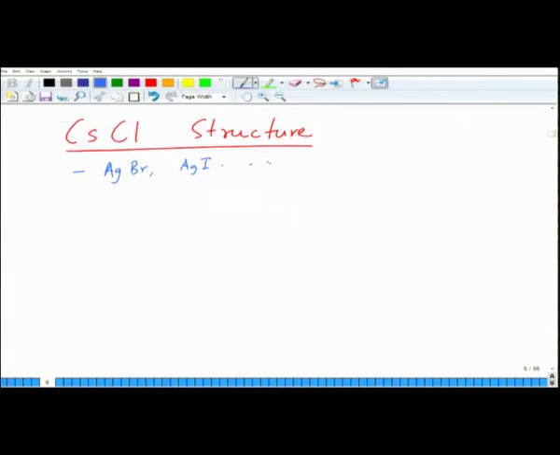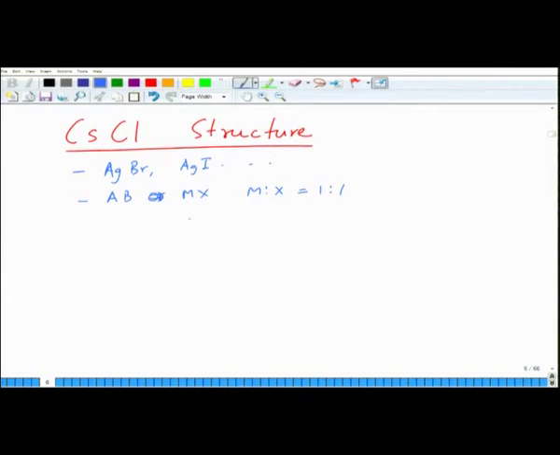Again you can see it is an AB stoichiometry, or MX you can write, where M to X is 1:1, which means both the ions will have similar coordination, that is for sure.